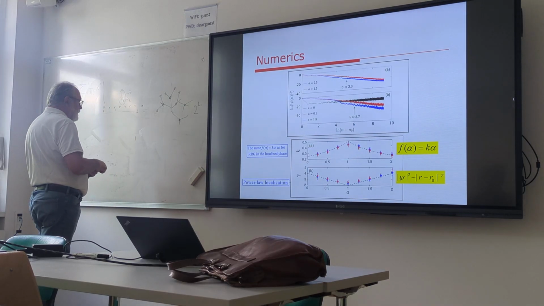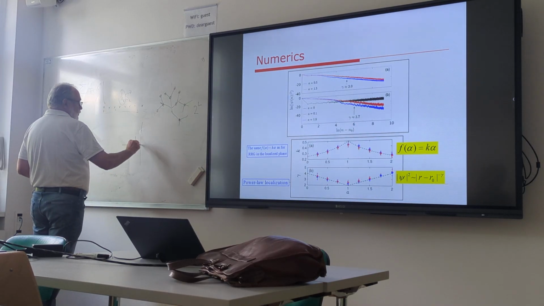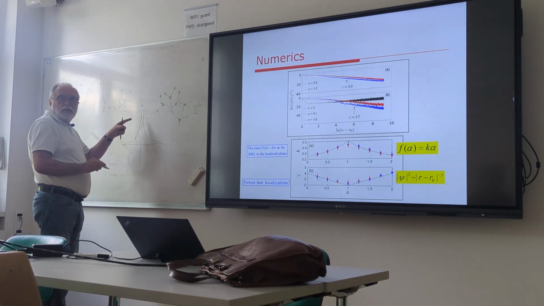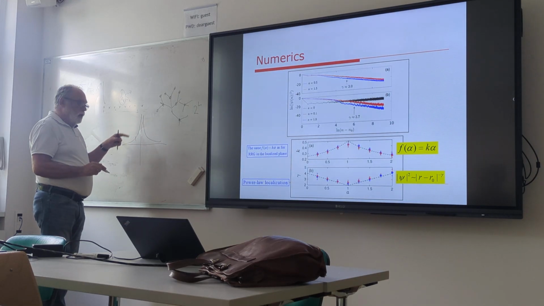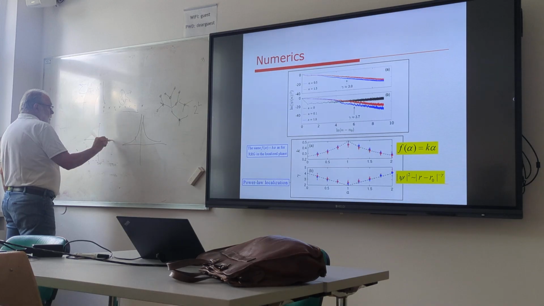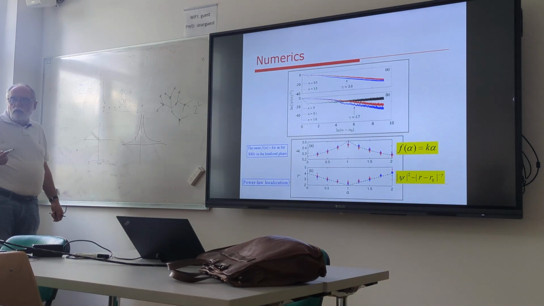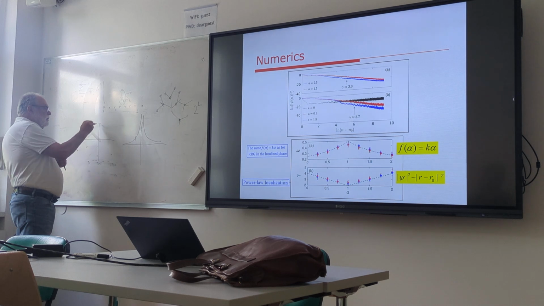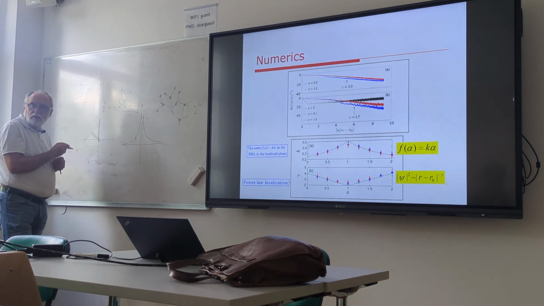Everything is encoded in this spectrum. So when we have 0.1, then the spectrum is still divergent, very slowly, but it is divergent. When we have 0, then the Fourier transform of a constant is a delta function. So if you have any power, you have a branch cut. If you have power 0, you have a delta function.